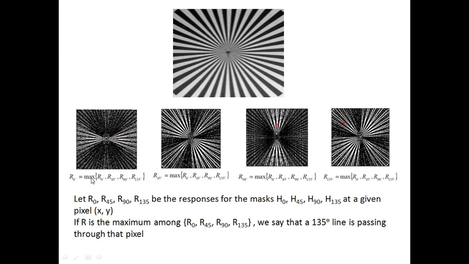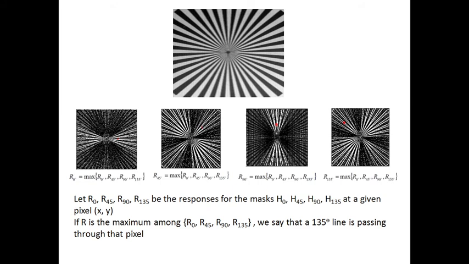So R is the maximum of, at this particular pixel location, I am applying a 0 degrees mask, 45 degrees mask, 90 degrees mask as well as 135 degrees mask. So for this input image, I will be getting R0, R45, R90, R135. Among all these resultant images, each will have its respective matrix values at this pixel location.